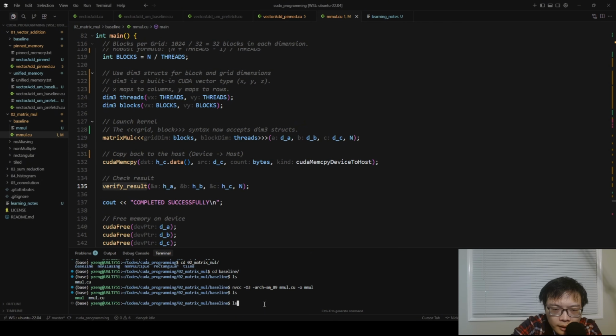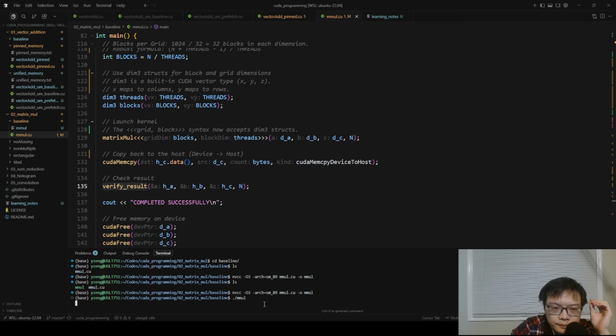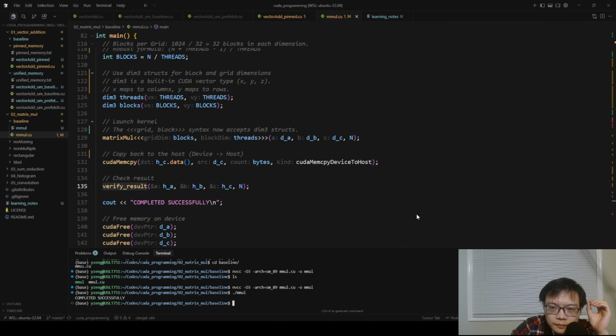You can compile the code with nvcc, and then run it. Yeah, so that's our first example, also our baseline of the matrix multiplication.